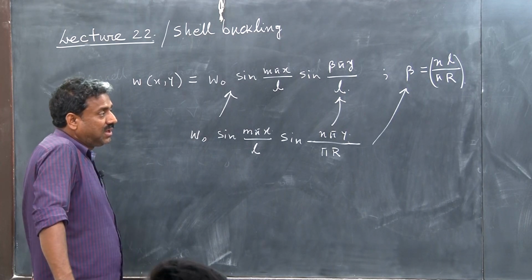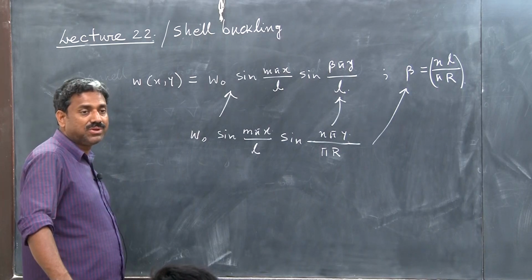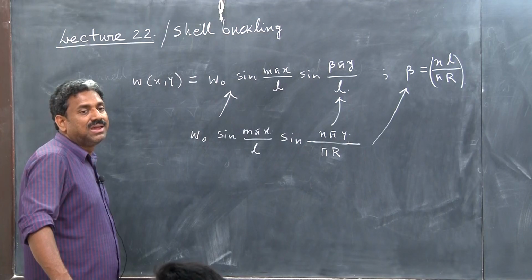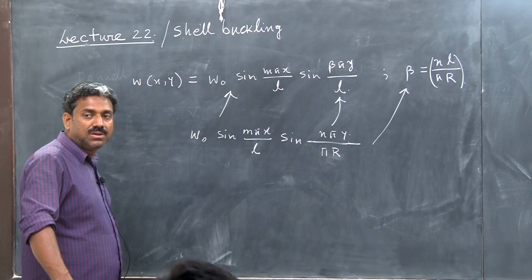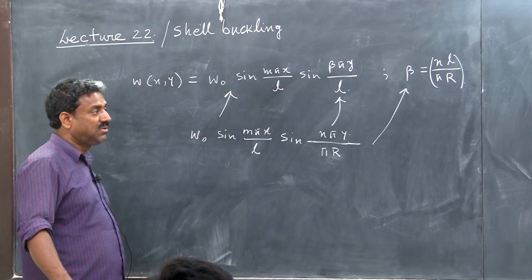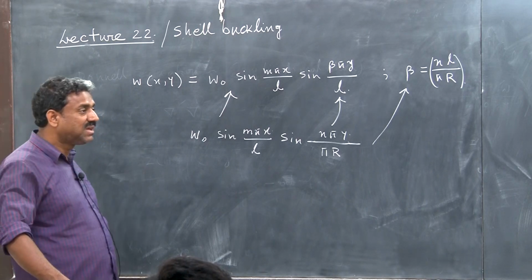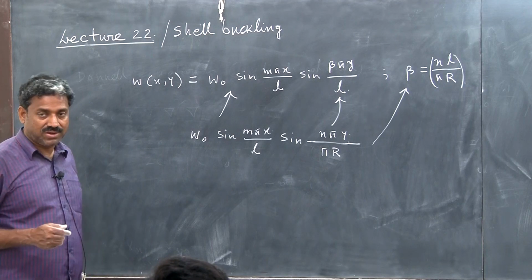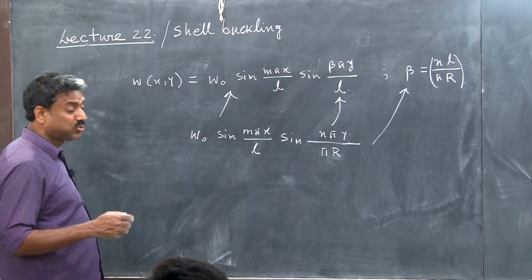The difference from the first case is that here we consider both-way bending, along x as well as along y, and we approximate both using sinusoidal functions. So essentially we are restricting a priori that it will buckle in a square pattern.